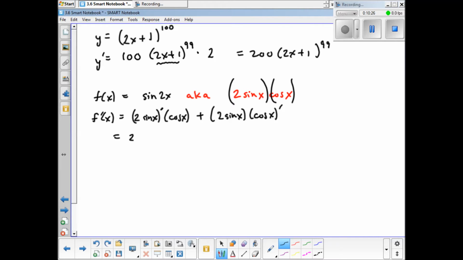Well, the 2 can come out. We haven't talked too much about the rules for differentiation, but one of the things we did say is that you can factor out a coefficient. So I don't know if it was necessary to rewrite this step, but just to convince you that it's okay to do that, you can bring this 2 out to the front.